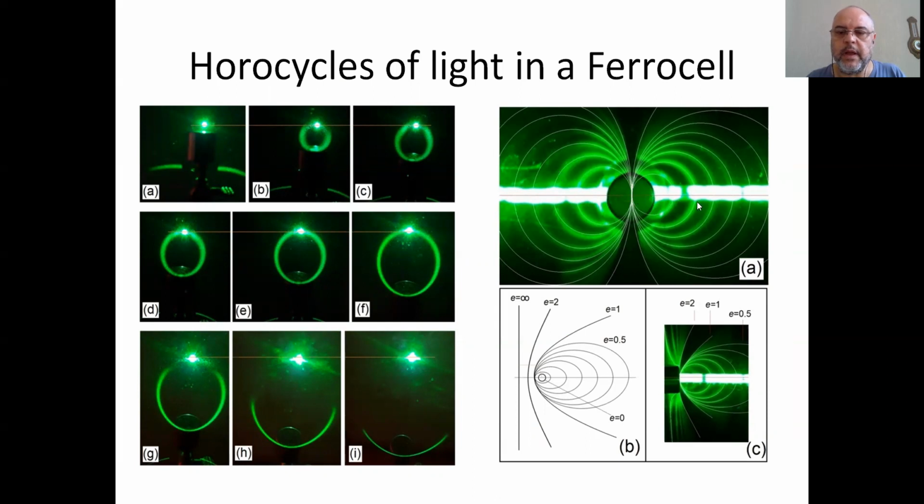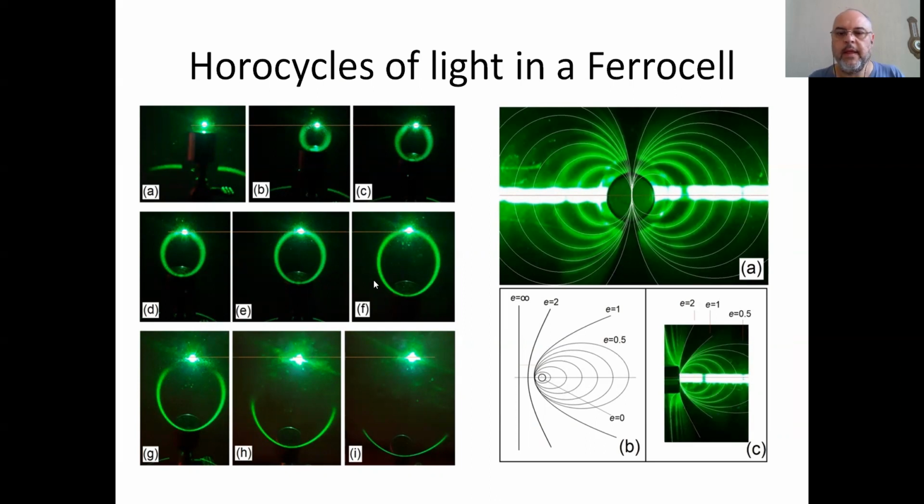So for different angles of observation, we have larger circles. And for the case of dipolar configuration of the magnetic field, we also have this deformation of these ellipses and the formation of parabola and hyperbola.